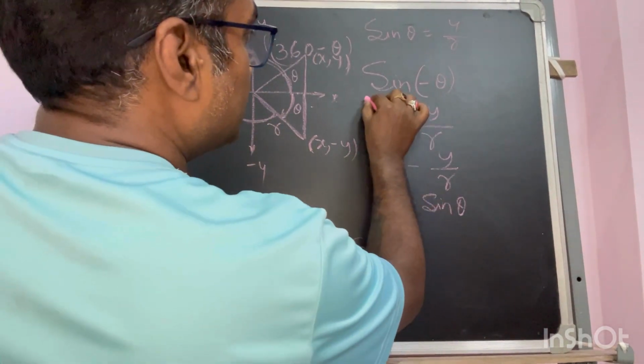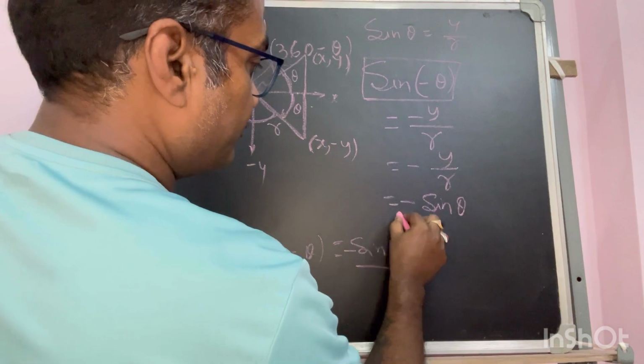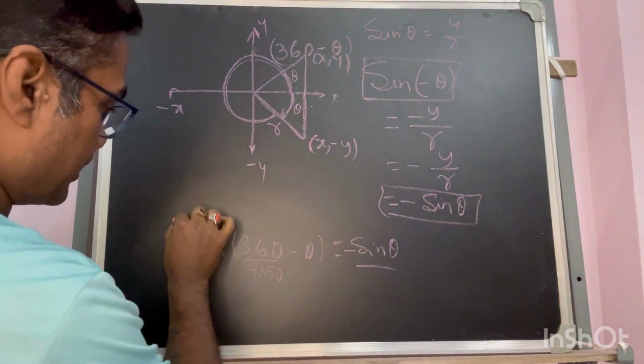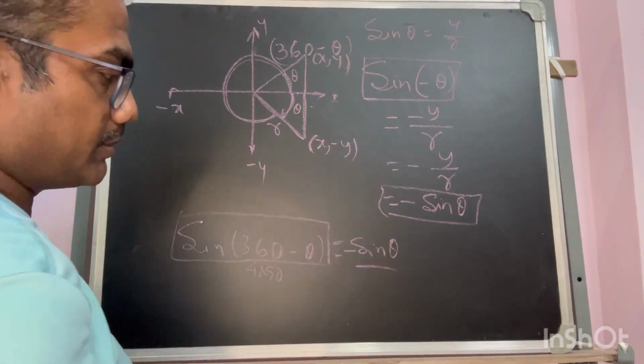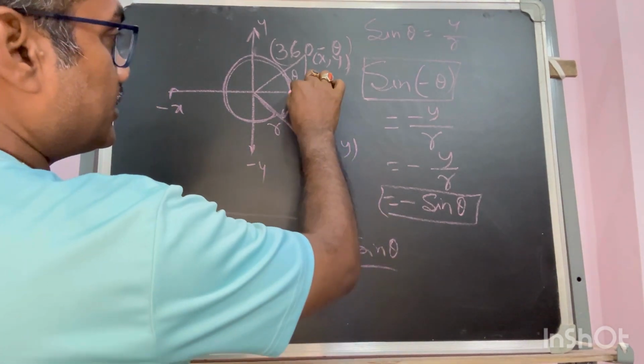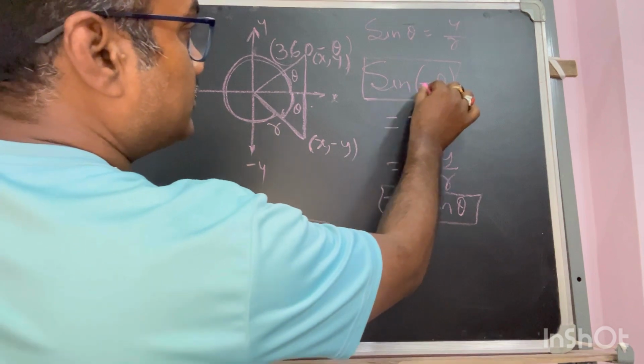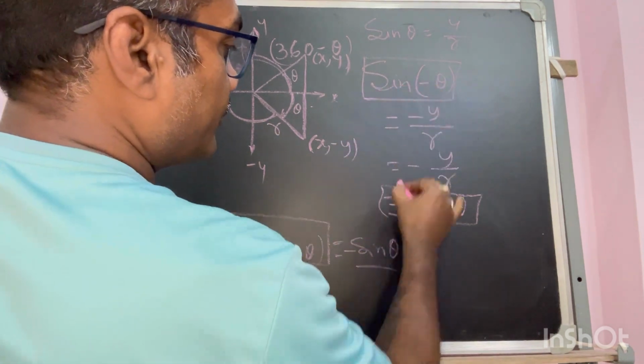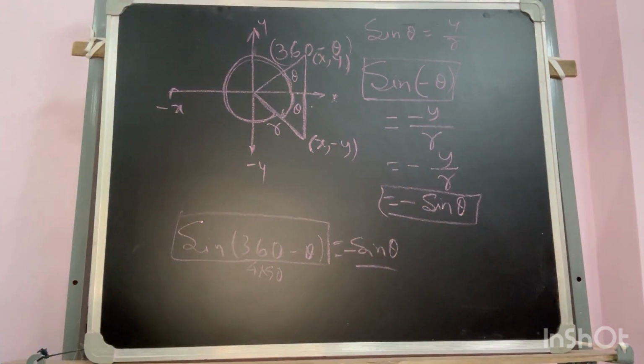So now see, sine of minus theta gives the same result as sine of 360 degrees minus theta. So if I take the angle on the negative side, it straightaway gives you minus sine theta.